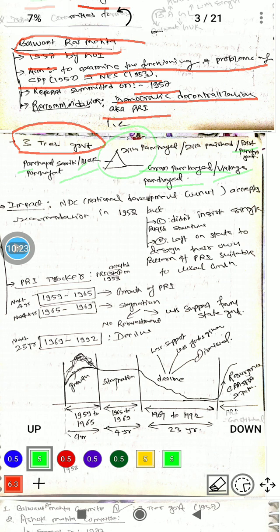It gave some flexibility. It left it to the states to design their own pattern of PRI, best suited to their local conditions.